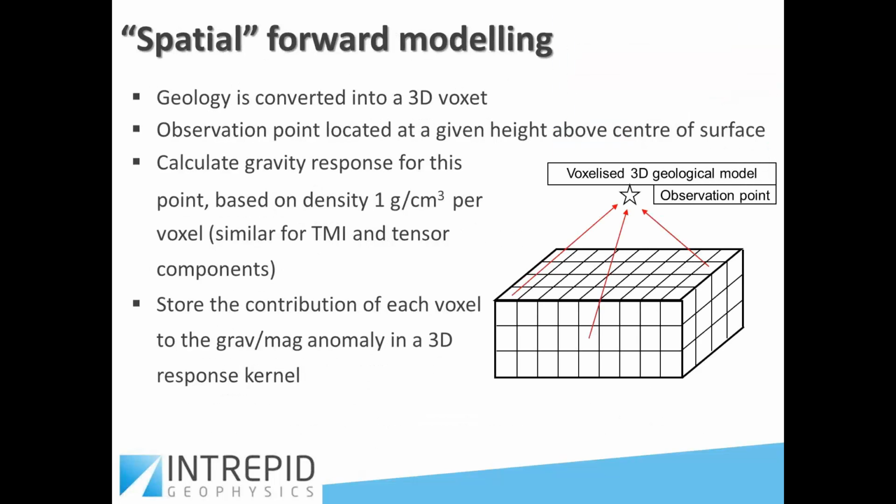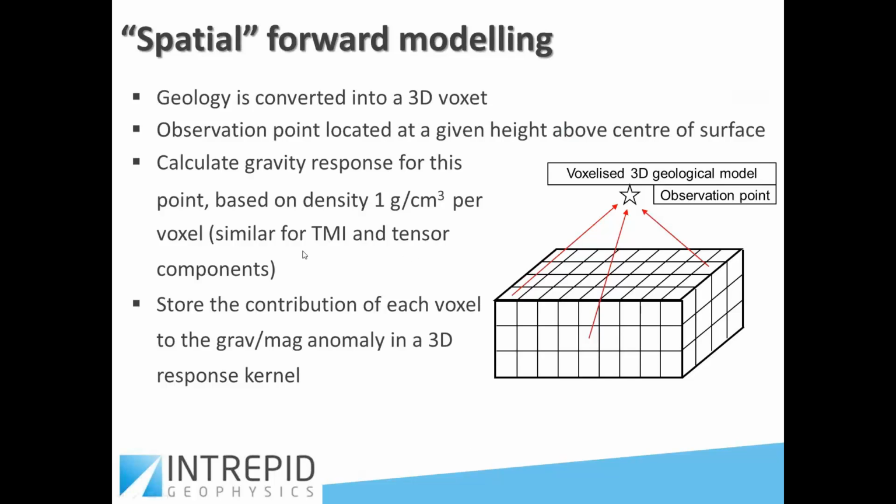So spatial forward modelling, the way it's performed in GeoModeller, is that the smooth geology model is converted into a 3D voxel set. There's an observation point which is located at a given height above the centre of the surface of the model, and from this we proceed to calculate a gravity response based on a unit density of one cell.